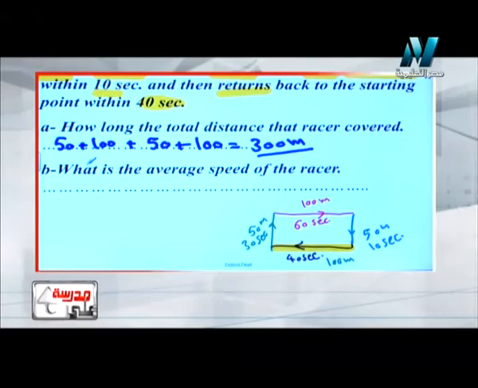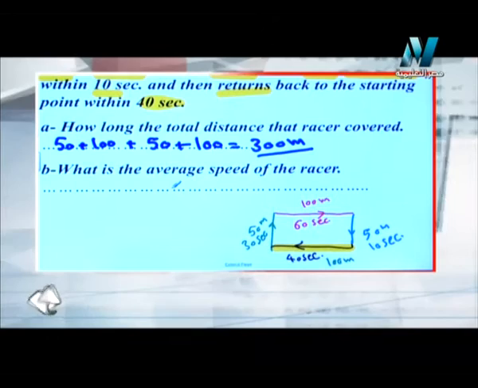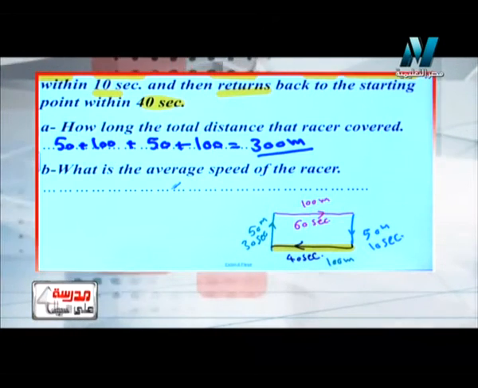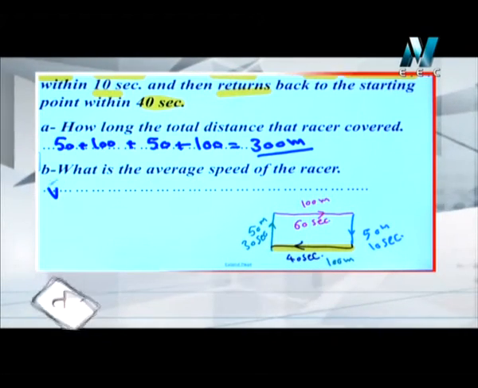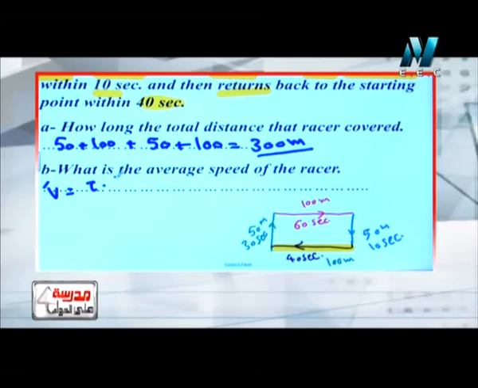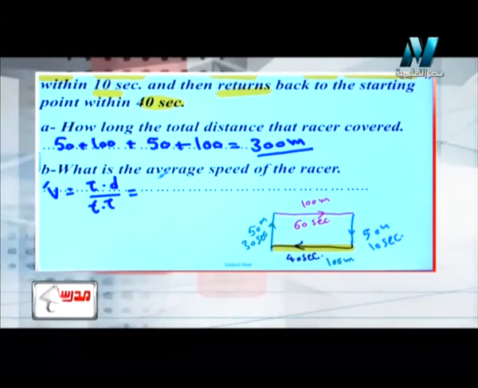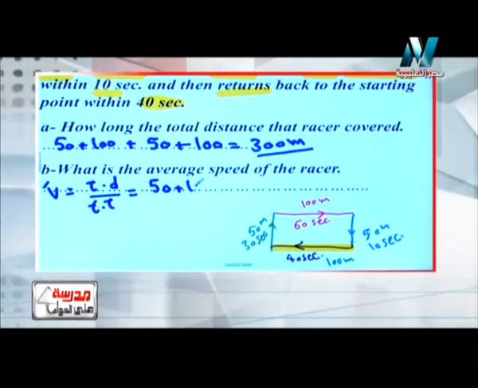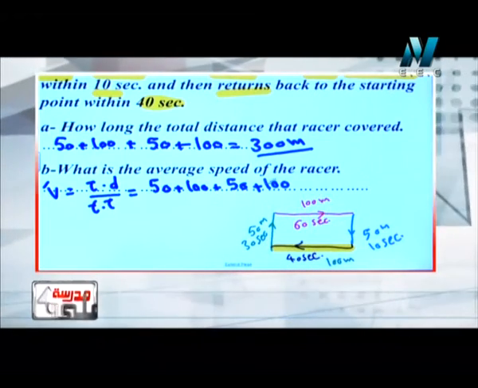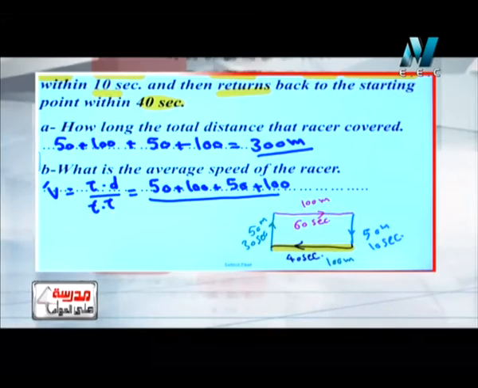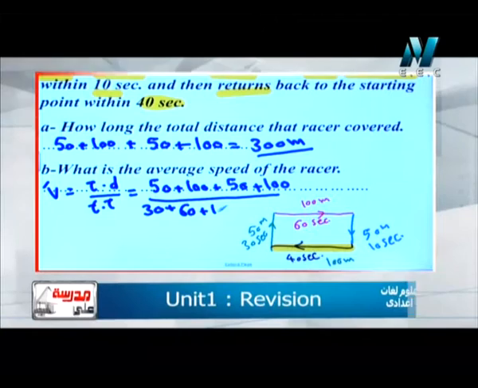What is the average speed of the racer? Here we talk about the average speed. Average speed is the total distance covered over total time taken. So here we have 50 plus 100 plus 50 plus 100 over 30 plus 60 plus 10 plus 40.